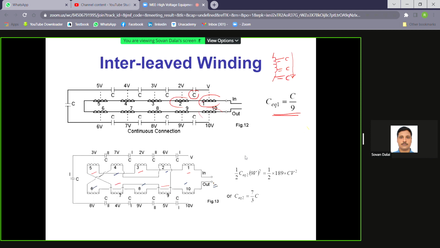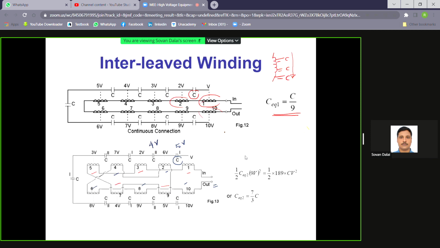Now you see in this connection 2 sets of capacitance are formed. In between 1 and 2, this capacitance is subjected to 5 volt, and in between 2 and 3, this capacitance is subjected to 4 volt.